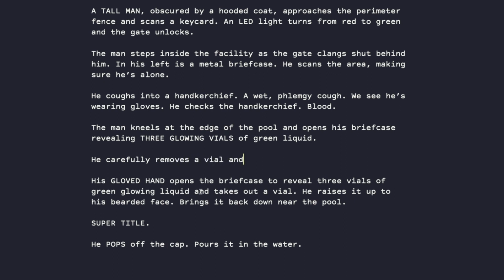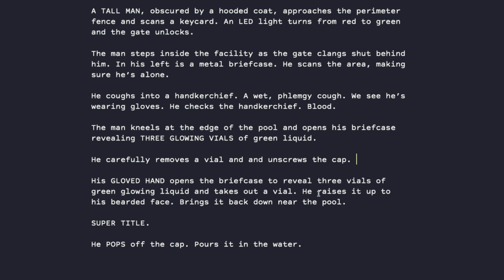And I saw it was written here, he pops off the cap. When I picture a vial of some kind of poison, I feel like a cap wouldn't pop off, it would be screwed off, because a cap that could be popped off feels like it could easily come undone and spill. Again, this is a small detail, but I think these things are important. So why don't we say he carefully removes a vial and unscrews the cap.